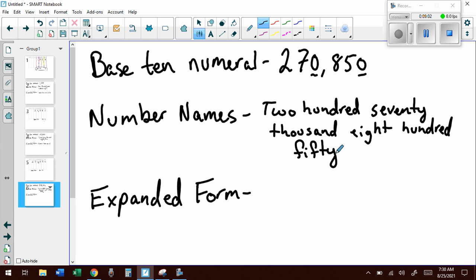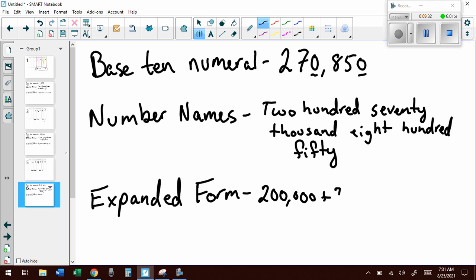We didn't have to put 270,850 ones. We say this number, 270,850.